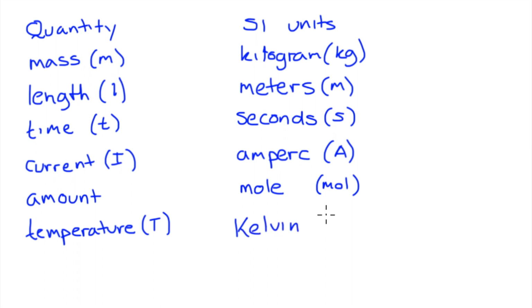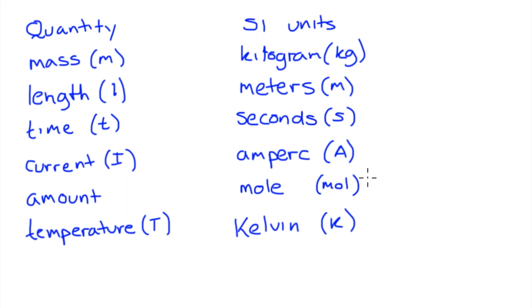Kelvin is pretty similar to Celsius. The difference between each unit of Kelvin is the same as the difference between each unit of Celsius. However, they differ by 273 units.